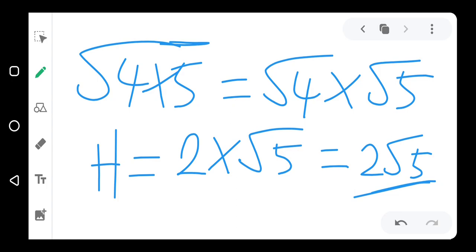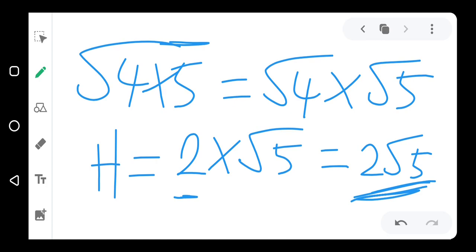So just remove the multiplication sign, bring the two together, write the whole number first, and then bring the one with the square root close to it, and that becomes 2 root 5. So this is the answer. So our H is 2 root 5.